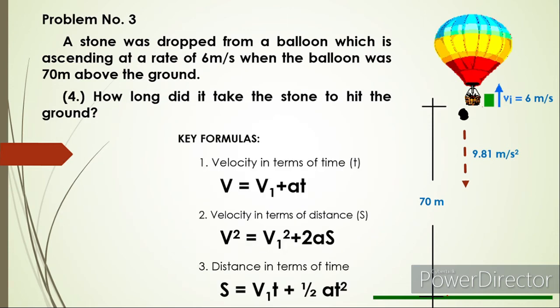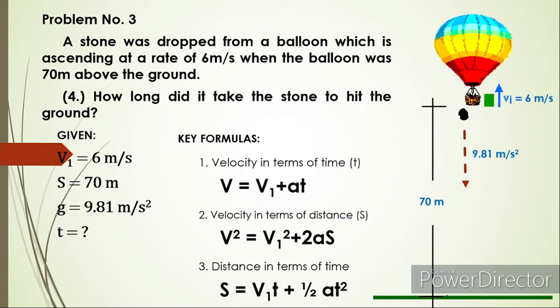Question number 4. How long did it take the stone to hit the ground? So, gaano katagal bago lumapat sa lupa yung bato na nilaglag? So, we have given V1 is equal to 6 meters per second, S is equal to 70 meters from the point of release, gravitational acceleration, which is 9.81 meters per square second.